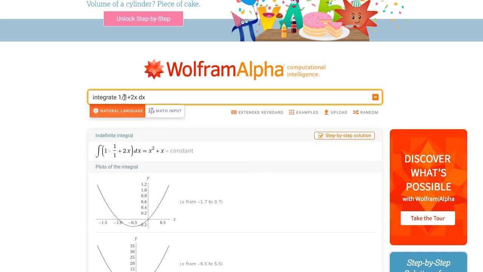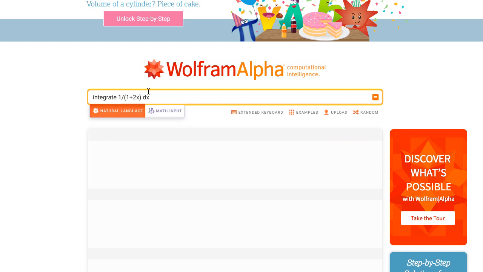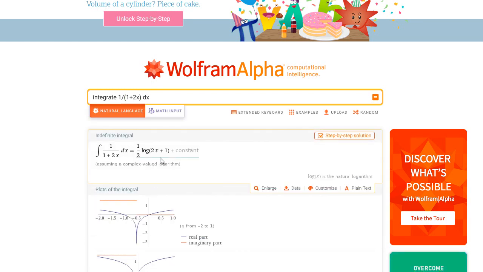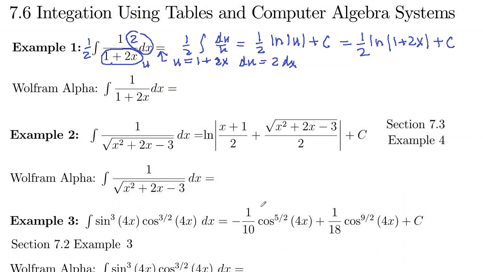That's not what we want, so we need some extra parentheses in here. And now that's the output that we want, and we've got 1/2 log 2x plus 1 plus a constant. And we go back here, we had 1/2 log 2x plus 1 absolute value plus a constant.